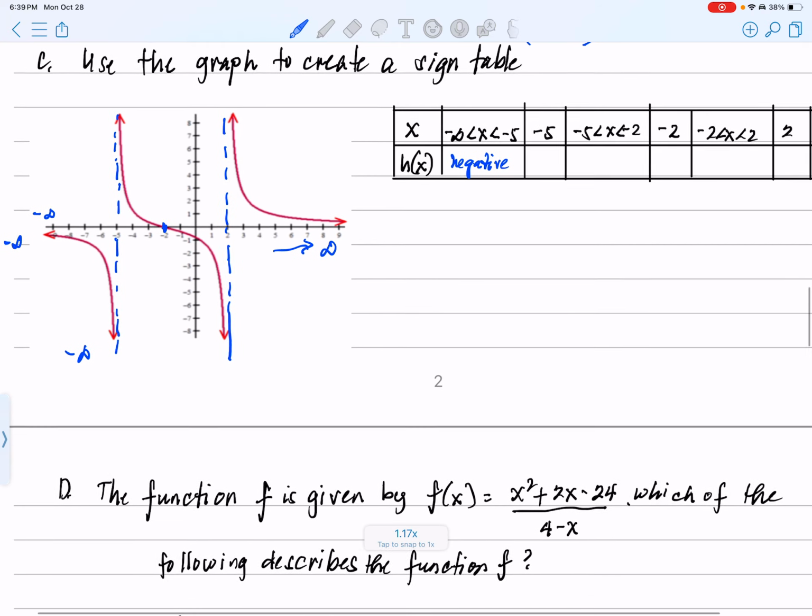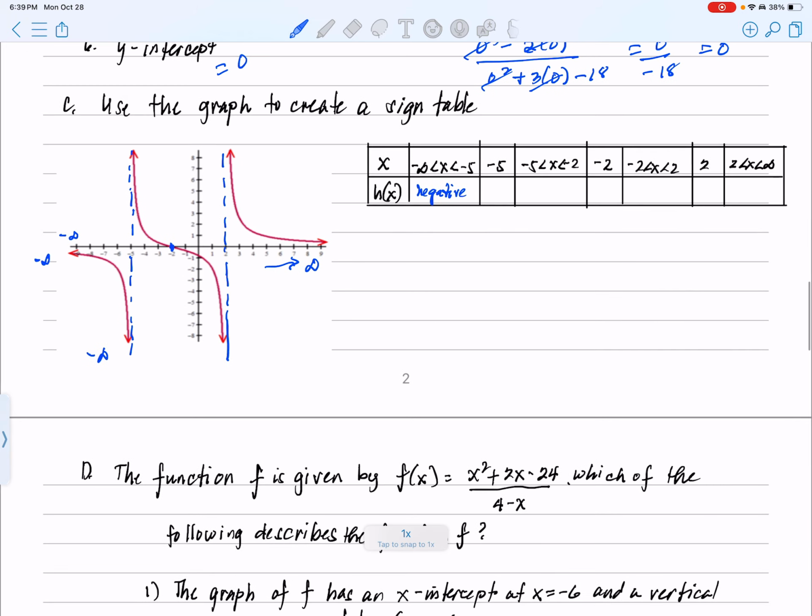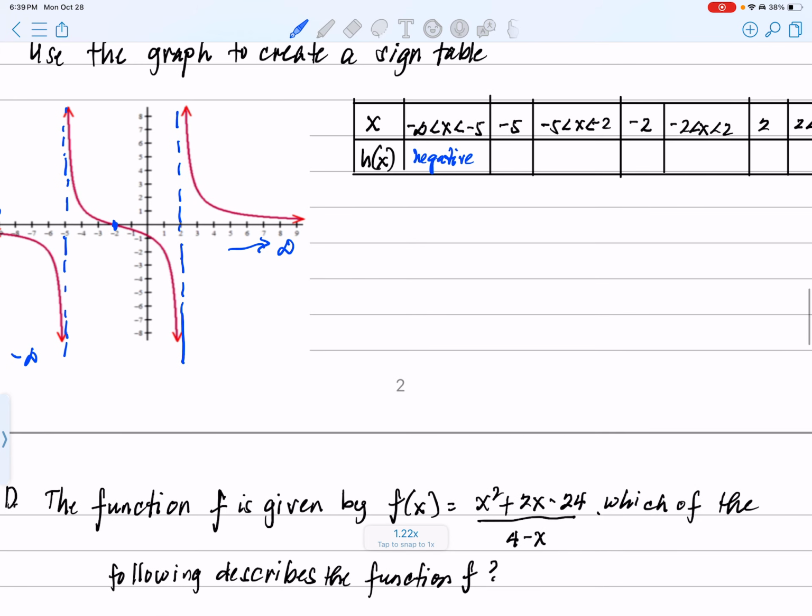Negative 5 is a vertical asymptote, which means it does not exist. Remember in our definition, that point does not exist.